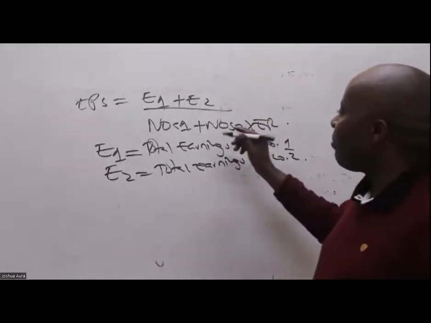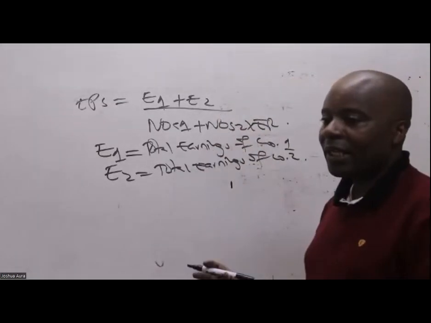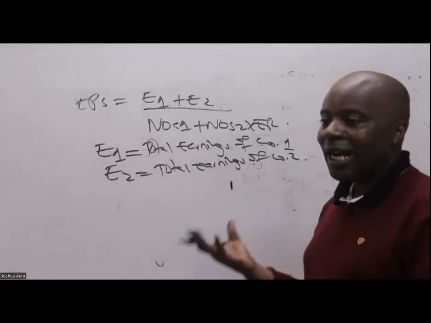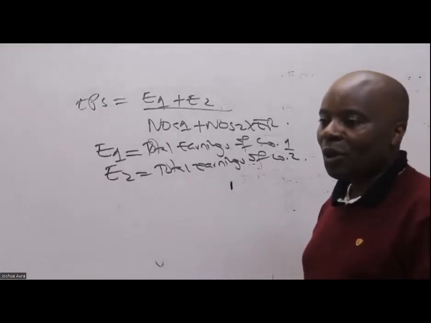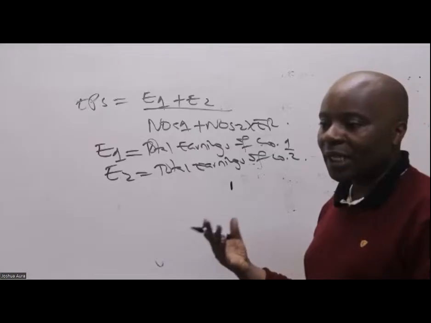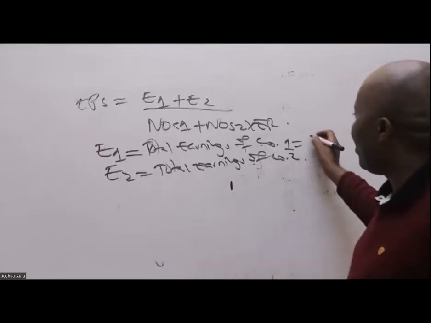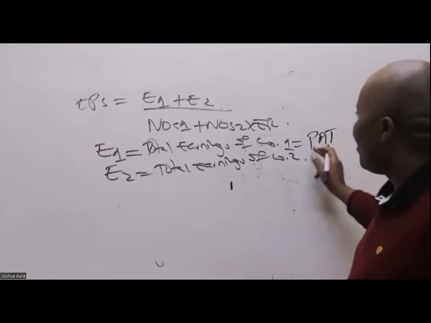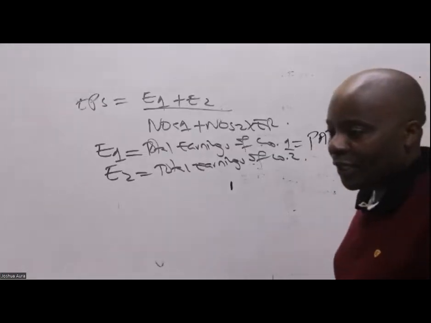You see, these earnings in financial reporting, earnings attributable to ordinary shareholders, are profits after tax. So he came and said here EPS equals PAT, equals profit after tax.